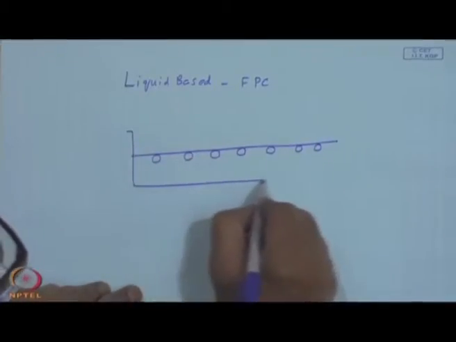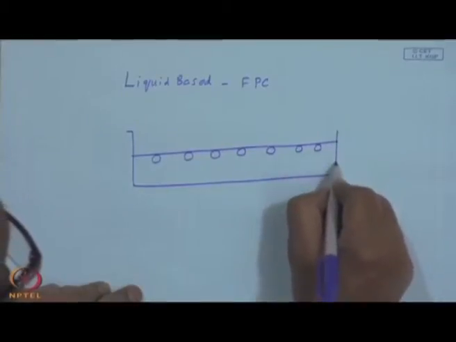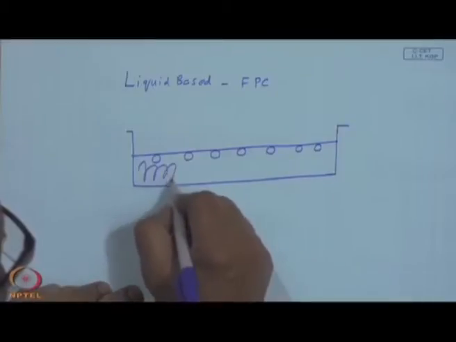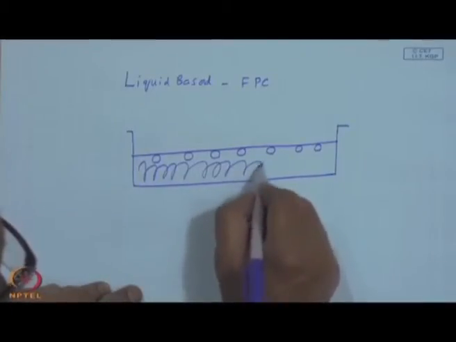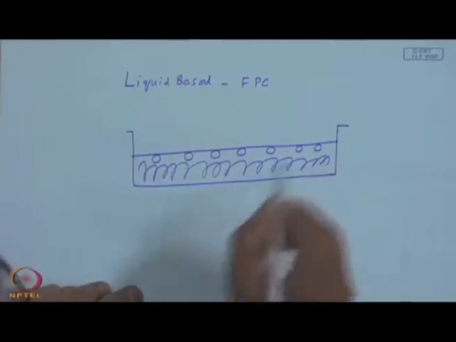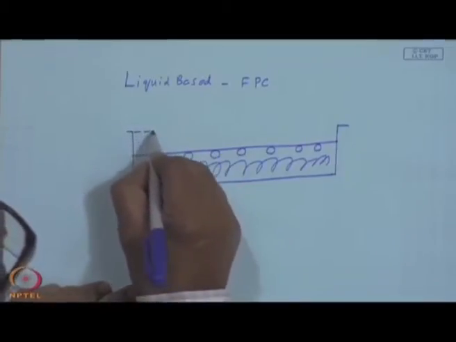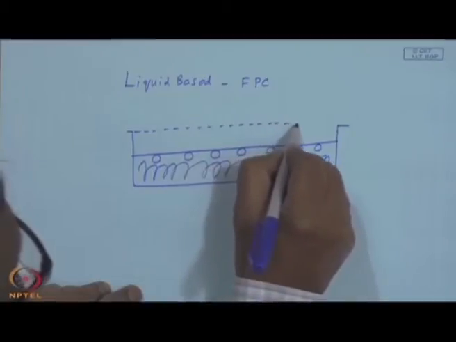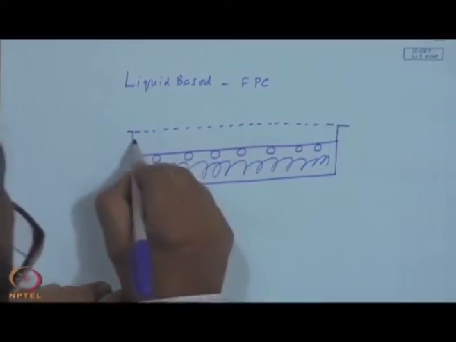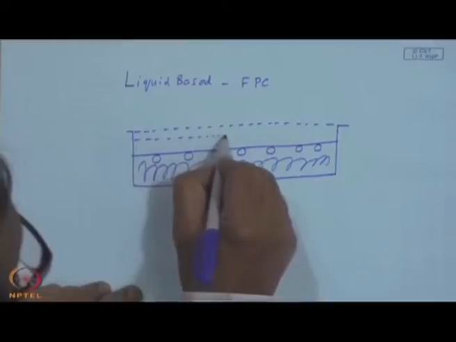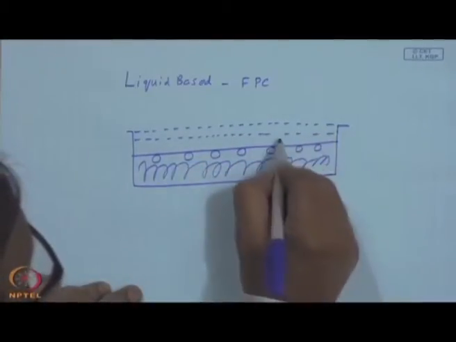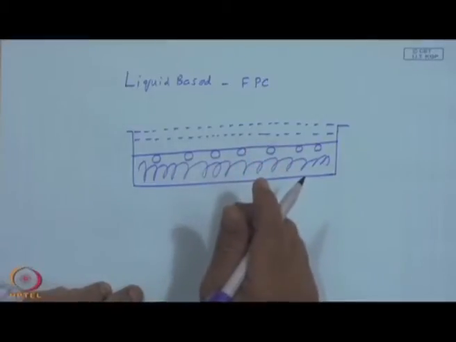and this is housed in a box, and the bottom is insulated so that the bottom conduction losses are minimized, and the top will have one or two, at times though rarely three, glass covers, so that convective and radiative losses are minimized.